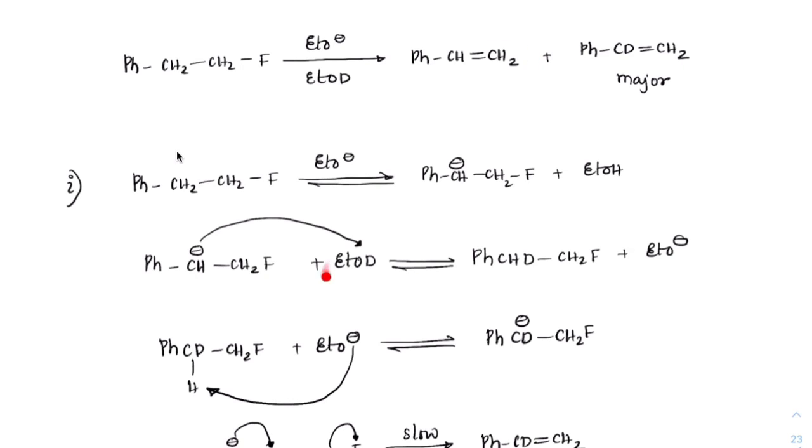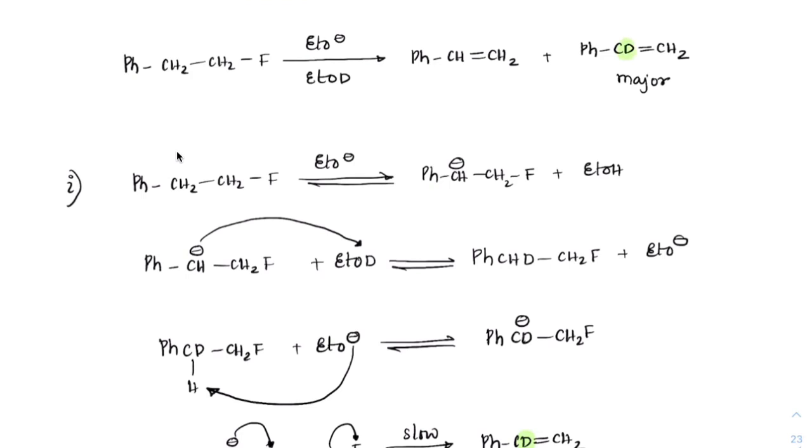But since the solvent is in huge quantity, the anion which is forming may first interact again with the solvent to form this molecule. Once you get this deuterium substituted, then again EtO minus might attack and remove this H. So this time the product you are getting will also have D in it. This is a difference we need to make out.